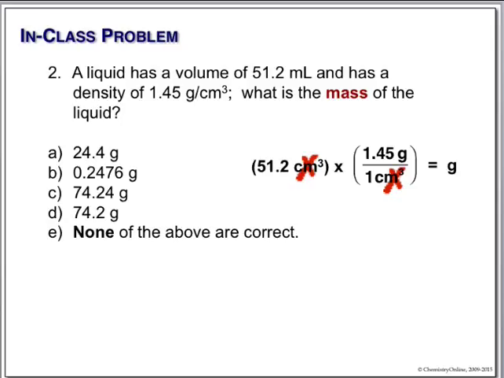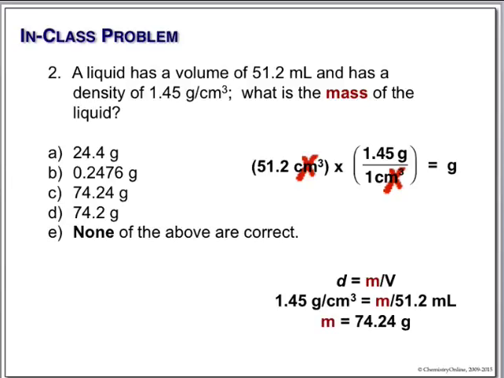Here's our density, 1.45 over 1. Centimeters is in the bottom, and so it cancels. Now, if you don't like algorithms, you can do it the other way. Here we're looking for mass. We substitute in. We divide this in order to get our mass out. And again, we get 74.24 grams.